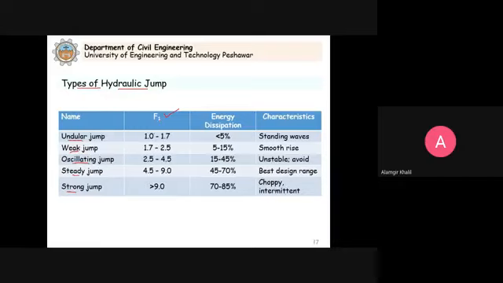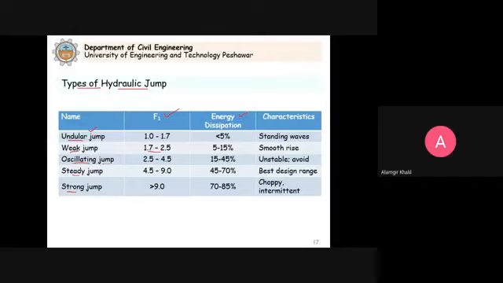So if the Froude number is 1 to 1.7, we will say it is undular jump. And the energy dissipation, because we say that there is dissipation of energy as a result of the hydraulic jump, is less than 5%. Clear? If we have weak jump, then the Froude number ranges 1.7 to 2.5, and 5 to 15% energy is dissipated, depending on the conditions. Clear?